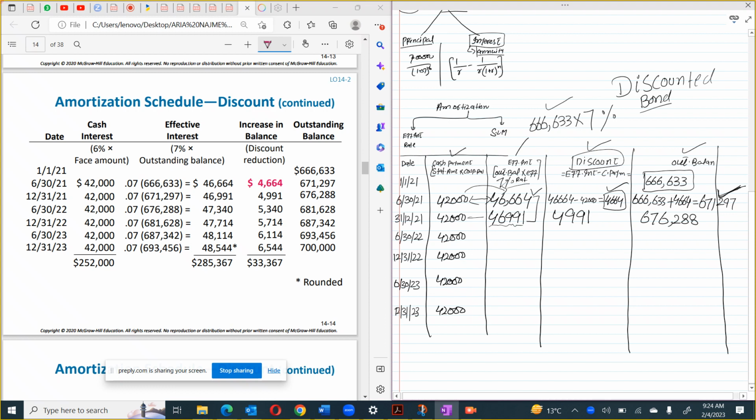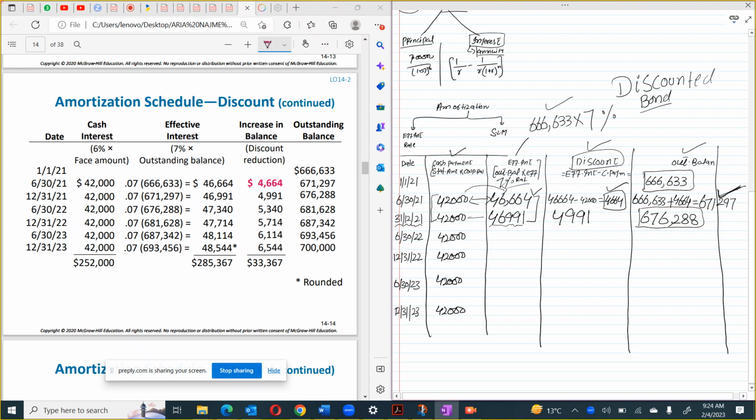So this will be the interest expense. If they ask you to calculate the cash payment of 1 year, you will add both of these. If they ask to calculate the liability at 31st December 2021, remember this is the liability, the closing balance of 31st December 2021.